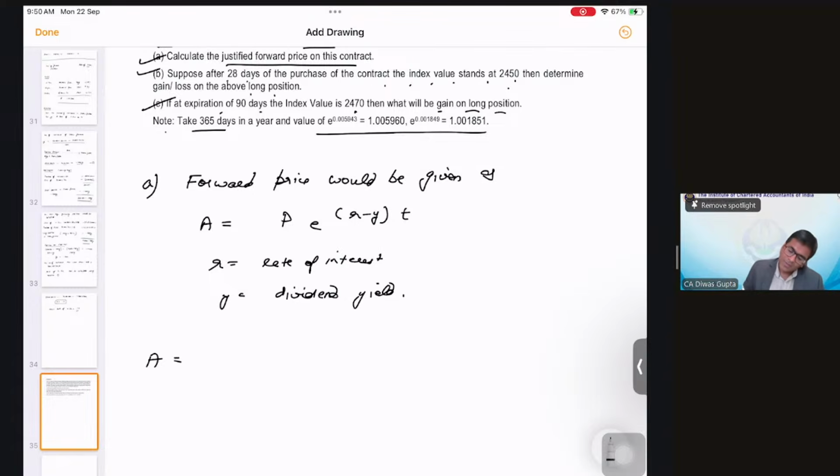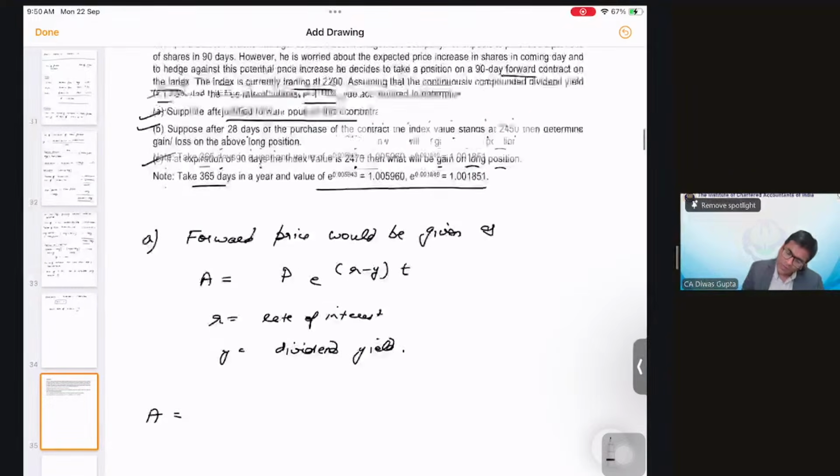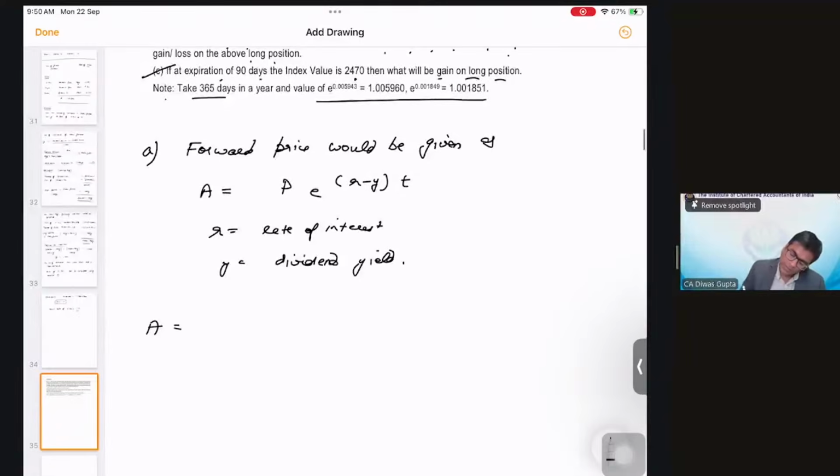So A becomes, what was the current price? 2290 multiplied by e raised to the power.